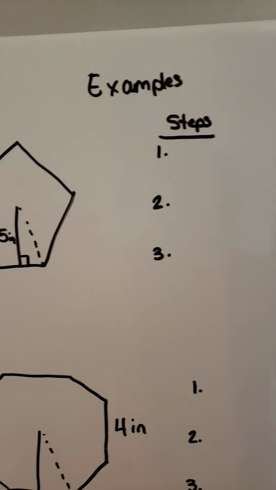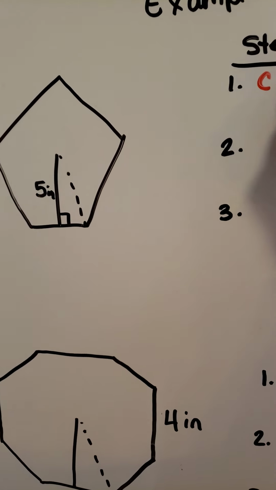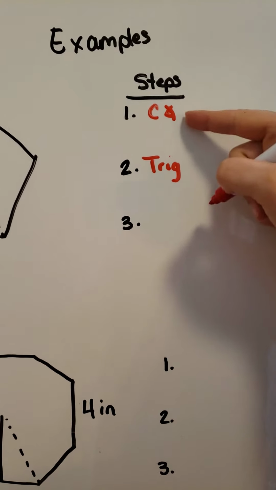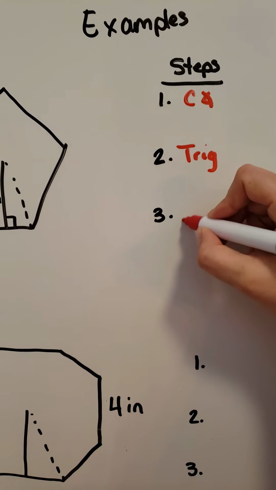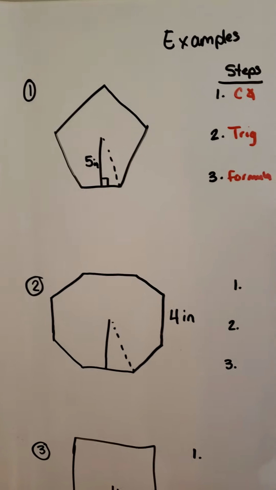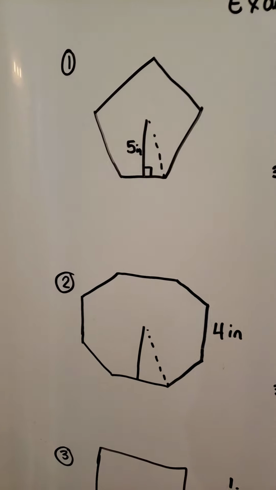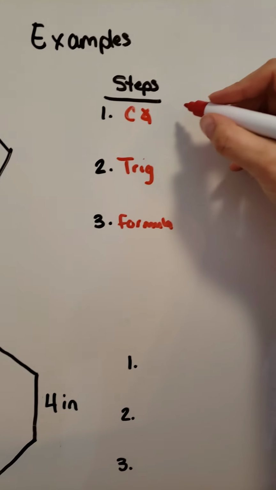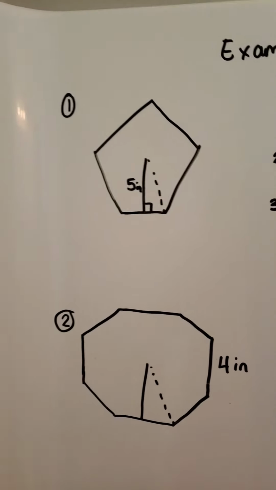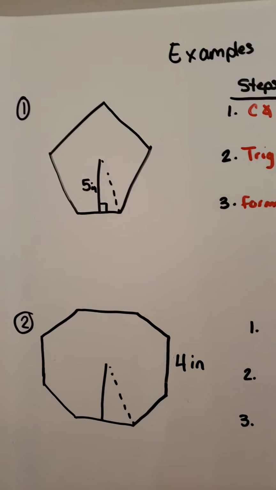All right, here's some examples. And I've put steps 1, 2, 3 each time. So I know, like here, it's central angle. Here, I'm going to use trig, and then I'm just going to use the formula. Those are my 3 steps every time, okay? So in order to find the central angle, I have to take 360 and divide it by the number of sides, okay? So 360 divided by 1, 2, 3, 4, 5 is going to give you 72 degrees, okay?